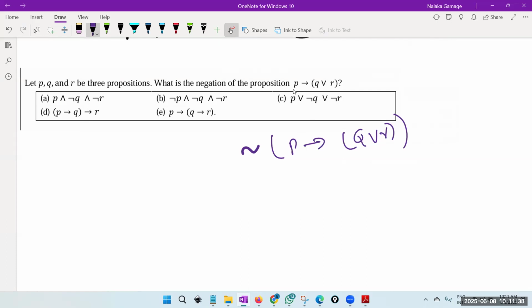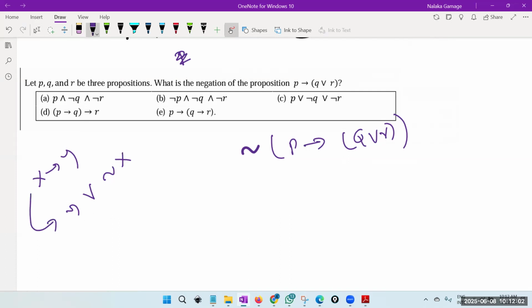Remember, if we have X implies Y, we can write it as either Y has happened or X has not happened. That is how you convert this to this.